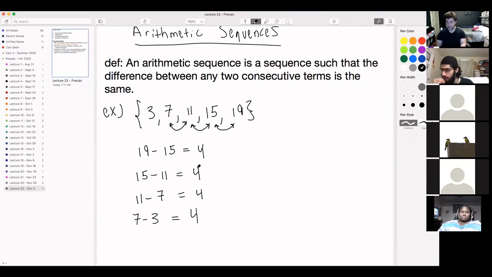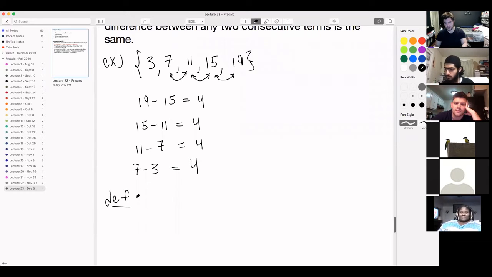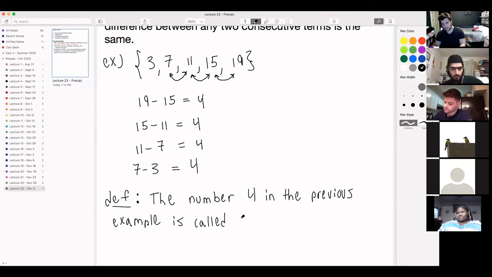In this case, the difference is 4 between any two consecutive terms. So you need this number here to be the same. Okay, so we just have a piece of terminology. This number 4 here, it has a name. The number 4 in the previous example is called the common difference, all right?